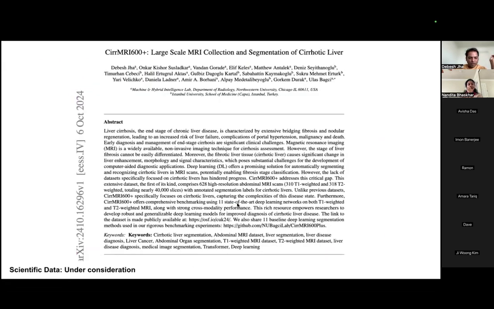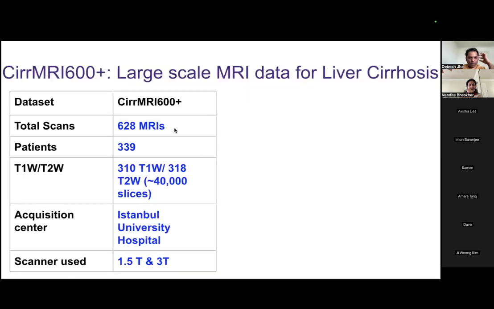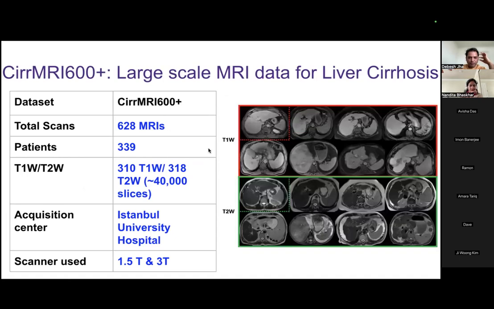While talking about this, let me move to one of our recently developed datasets called Cirrhosis MRI. We have submitted it to Nature Scientific Data, and it is under consideration now. The Cirrhosis MRI data consists of 628 MRIs.